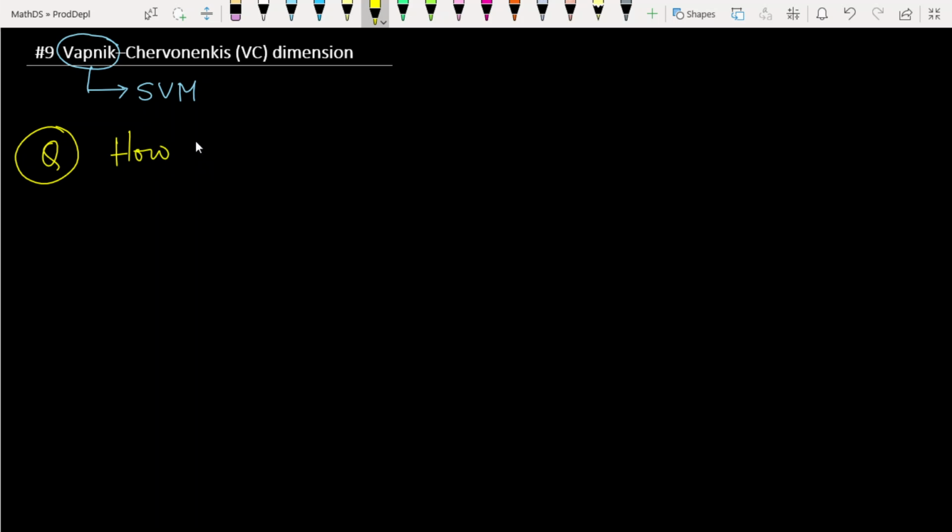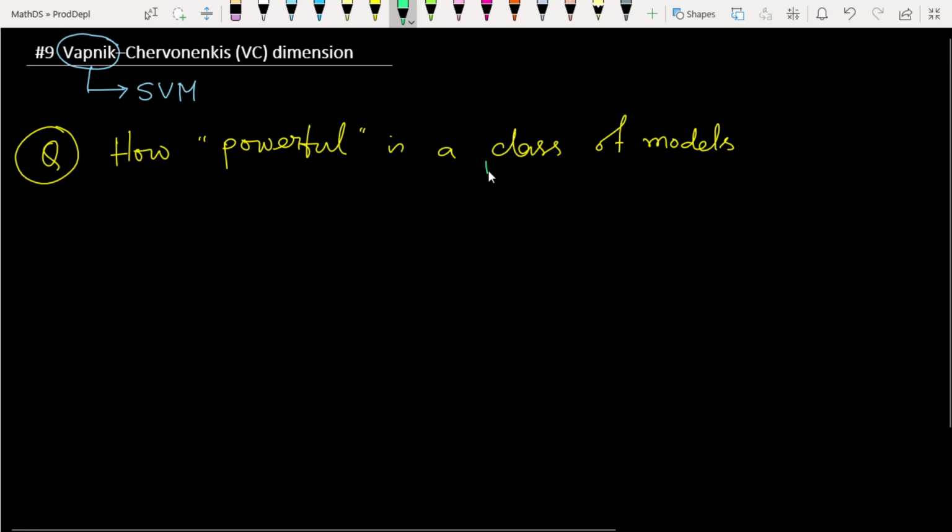So how powerful is a class of models? To measure these things, we need this. The classes of models we have already covered.